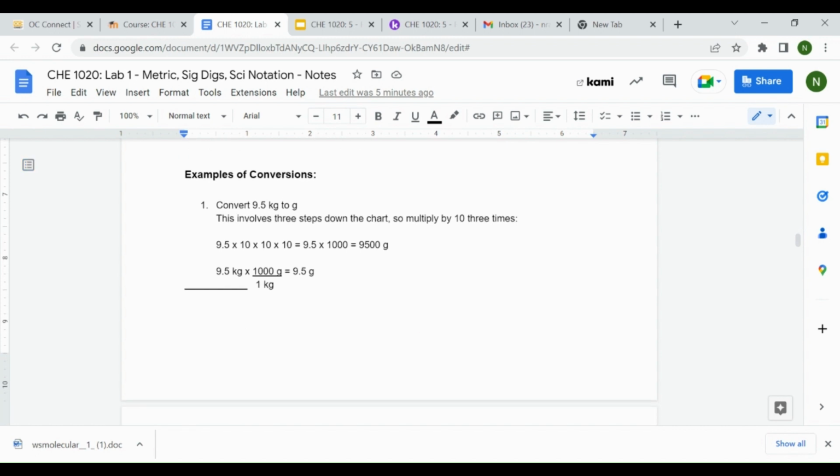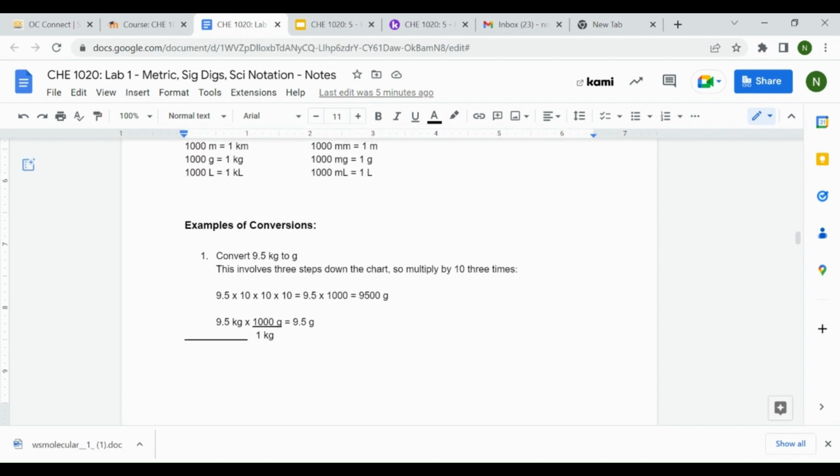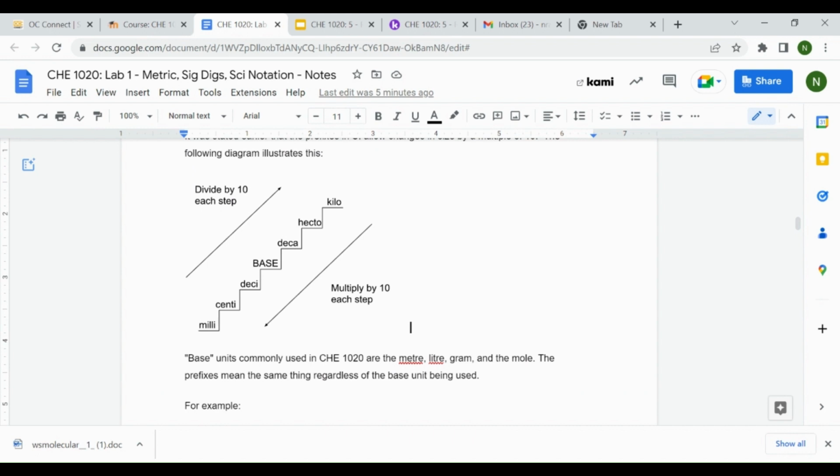So here are a couple of examples of conversions. All right, here we want to convert 9.5 kilograms to grams. So again, let's go back to our stepwise calculation here. I want to convert kilograms, which is way up here, to grams, which is the base unit. So kilograms to grams, because I'm moving down, I want to multiply each step by 10.